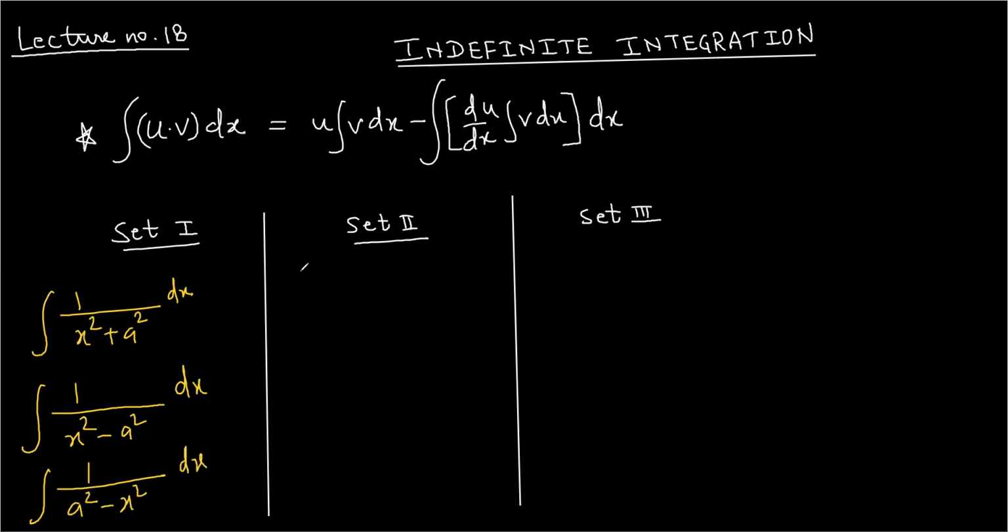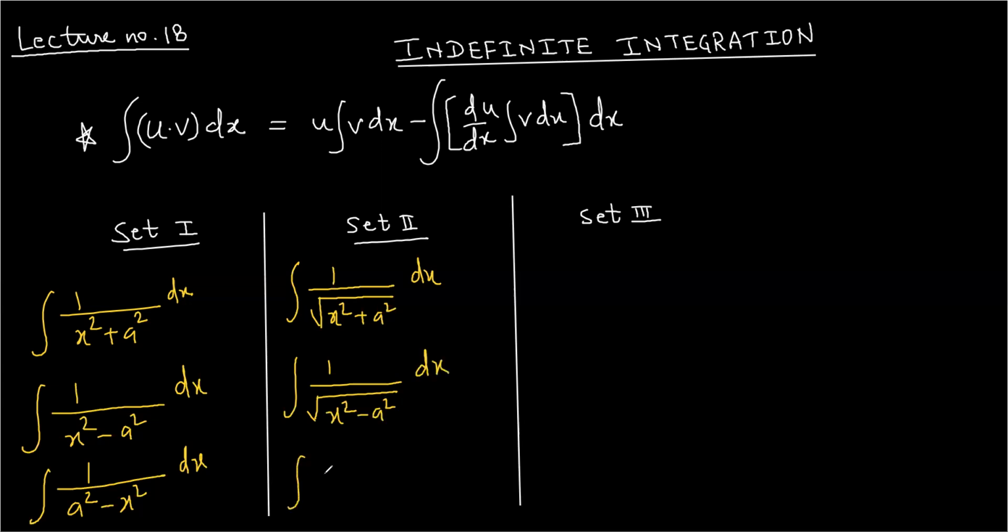Then in set 2 we have already derived the result when we have integral 1 over square root of x square plus a square dx, and integral 1 over square root of x square minus a square dx, and x square can also be called variable square, and 1 over square root of constant square minus variable square dx.